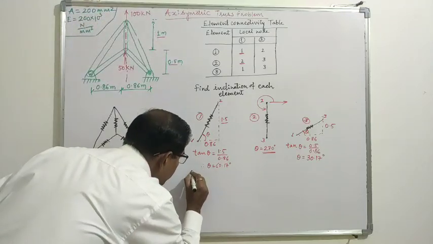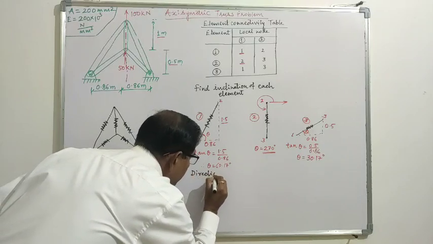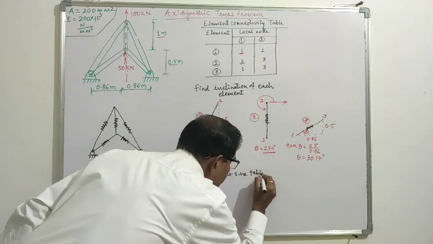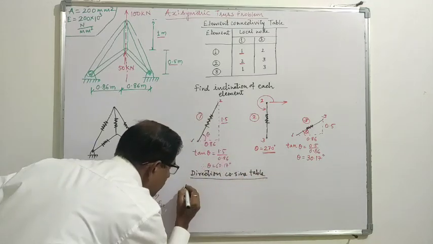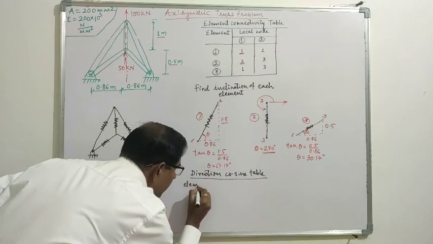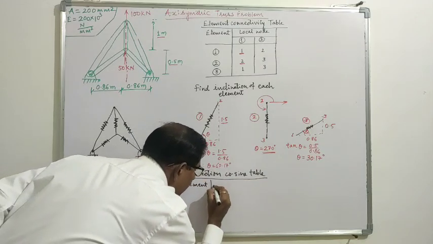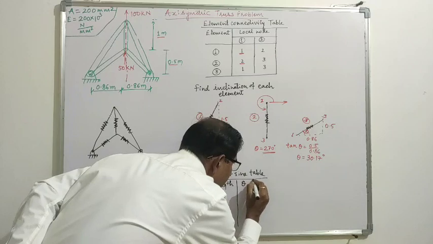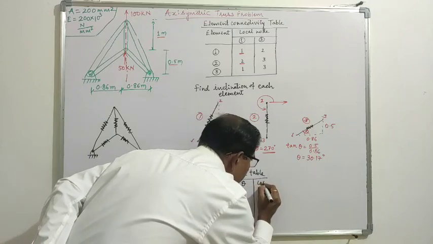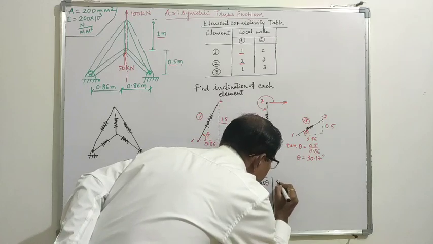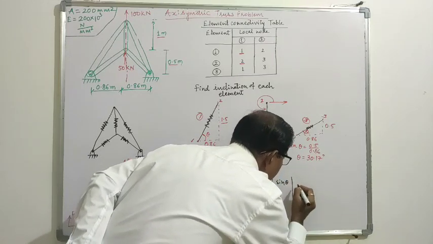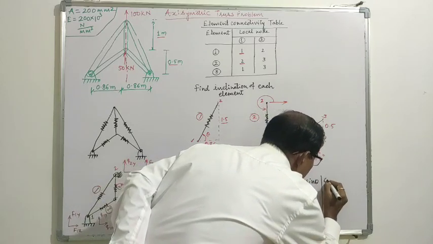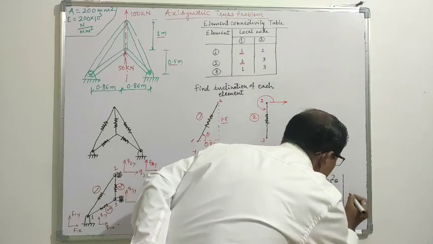So the direction cosine table has components: element, length, inclination theta, then cos theta, sin theta, cos theta, sin theta, cos square theta and sin square theta.